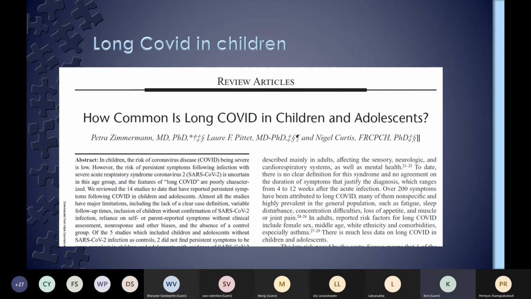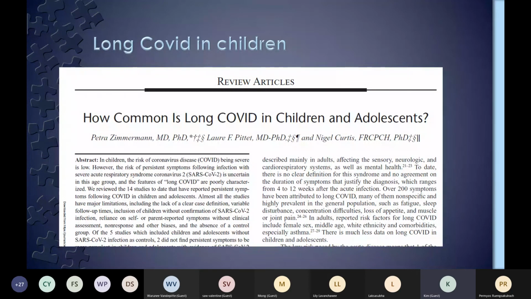This paper from one of my colleagues in Melbourne, Nigel Curtis and his group, summarised all the literature that was available on this and concluded that there was almost no conclusion, because the quality of the studies was relatively poor, the follow-up was short, and the control groups weren't particularly good, and there's really a need for much better understanding of this.